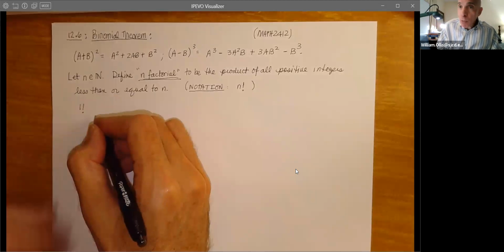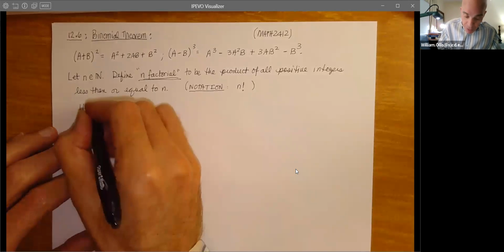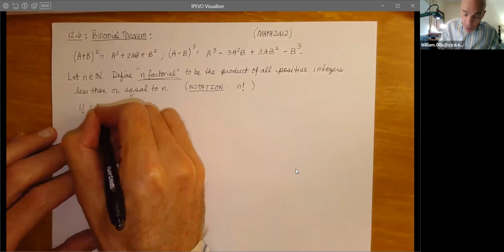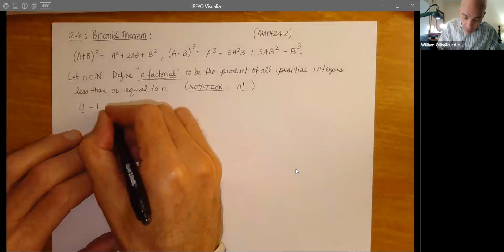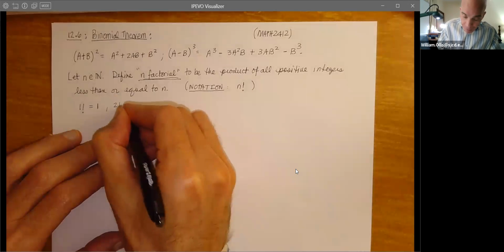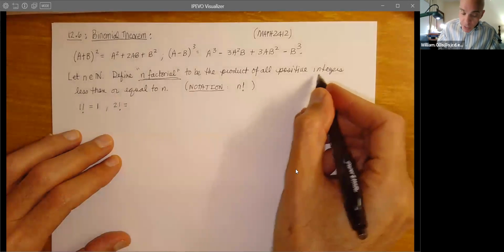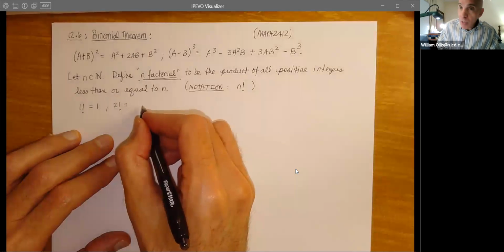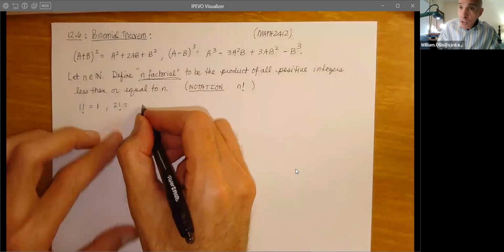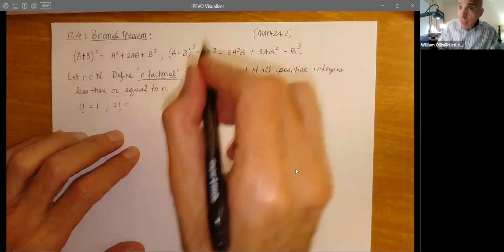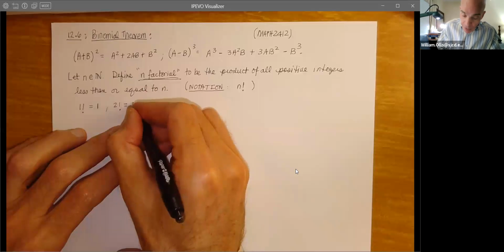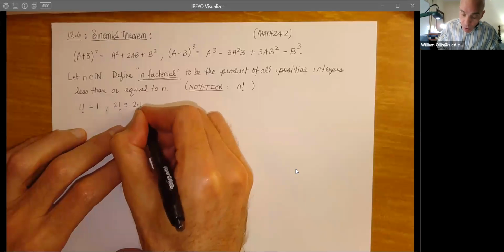Now, if we think about what we've described here, if we do 1 factorial, that's just the only positive integer less than or equal to 1, that's just 1. So this by definition would just be 1, okay? And then 2 factorial, we want the product of all positive integers less than or equal to n, or in this case 2. So we can do a descending product and just say this is 2 times 1.